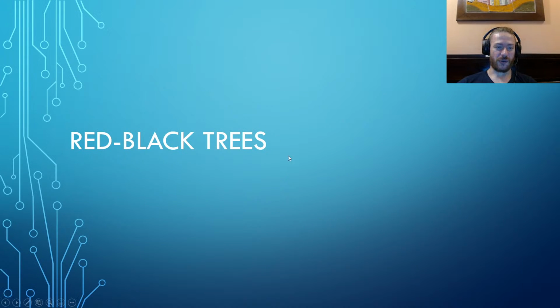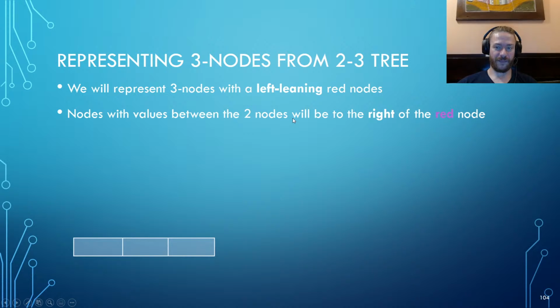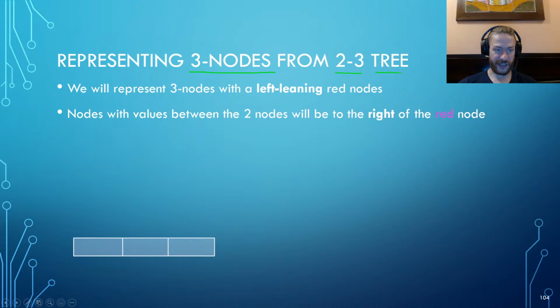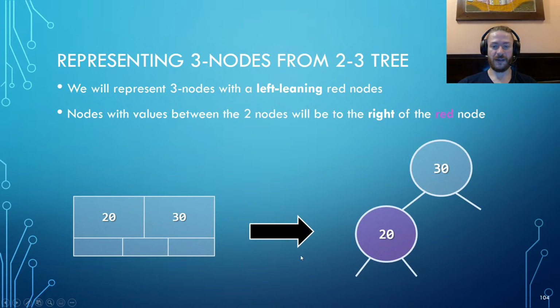Let's see what a red-black tree looks like. A red-black tree is representing tree nodes from a 2-3 tree with a left-leaning red node. So if we have 20 and 30 in a normal B tree, it will become 30 with a left child of 20, and the 20 will be red.